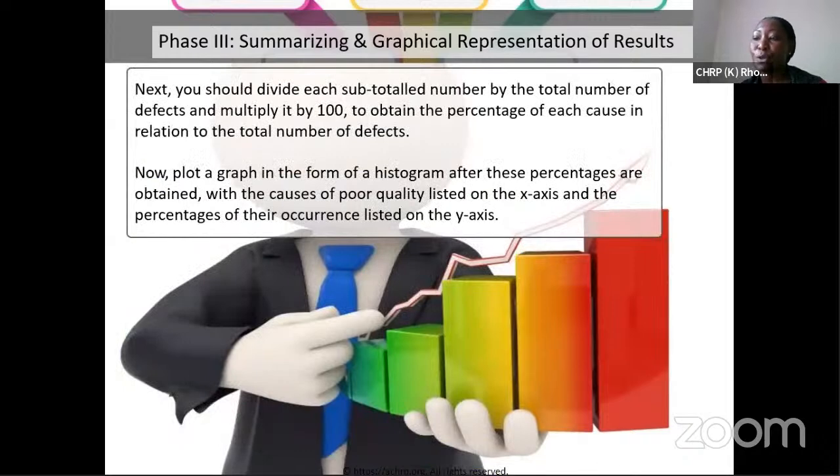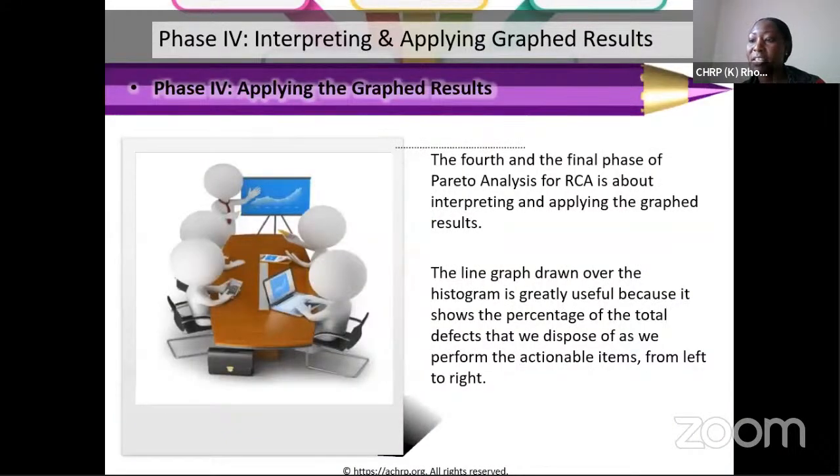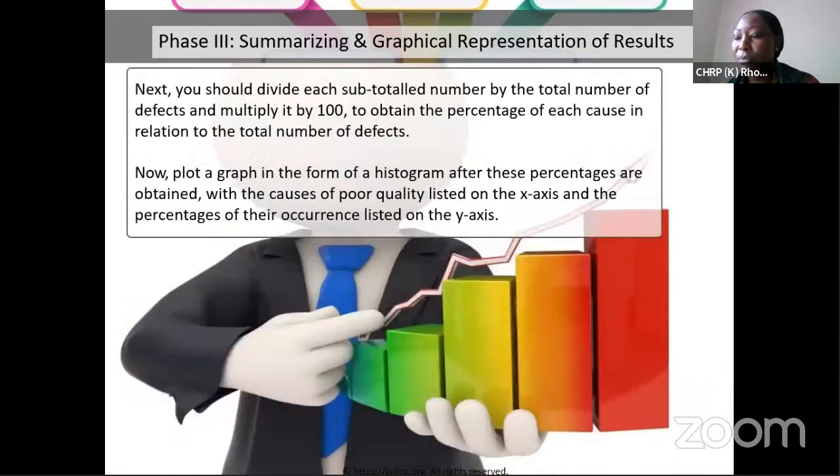The line graph drawn over the histogram shows the percentages of the total defects that we dispose of as we perform the actionable items from left to right. Then you'll notice that about 80%, you can see 85%, of the defective products are caused by 20% of the possible defects, maybe the last two bars that you can see.